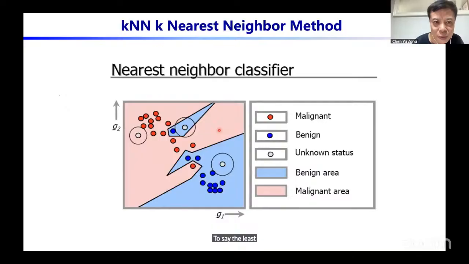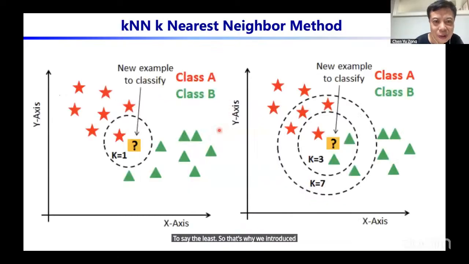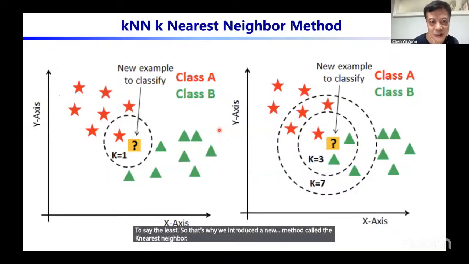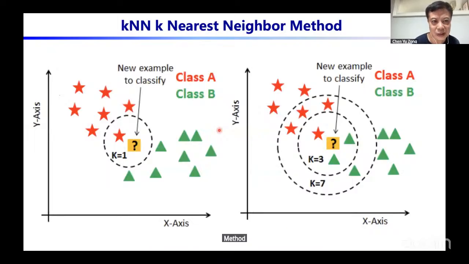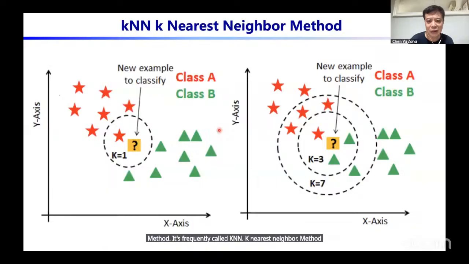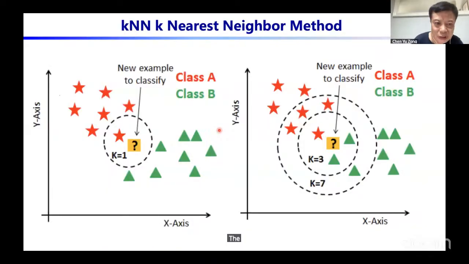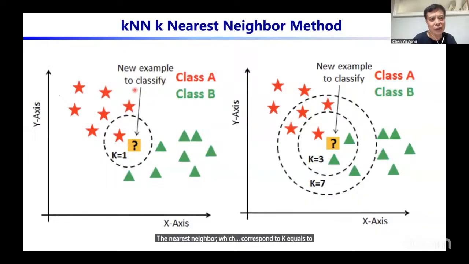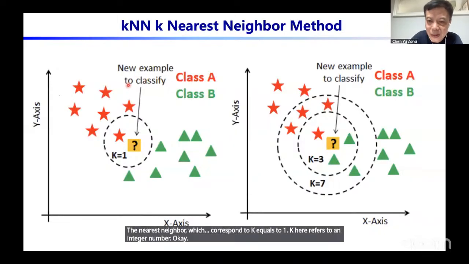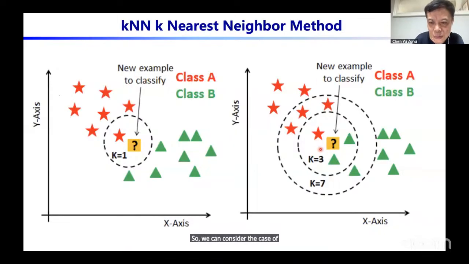So that's why we introduce a new method called the k nearest neighbor method, frequently called KNN. In this case, we not only look at the nearest neighbor, which corresponds to k equals 1. K here refers to an integer number. So we can consider the case of k equals 3.